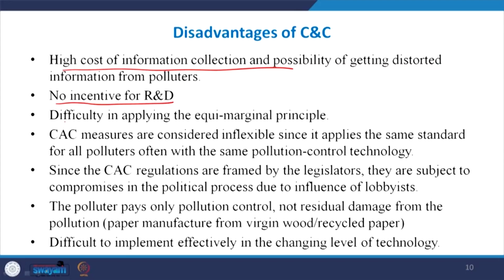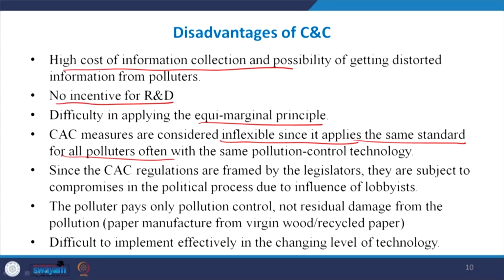Then the third important problem, the fourth disadvantage of the command and control system, is that this system is inflexible. Command and control measures are considered inflexible since they apply the same standard for all the polluters, often with the same pollution control technology.